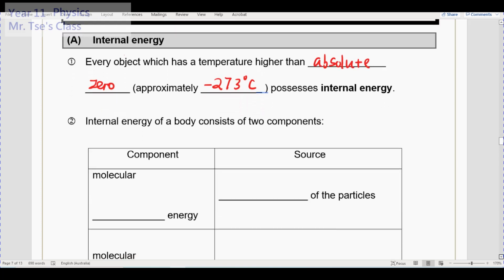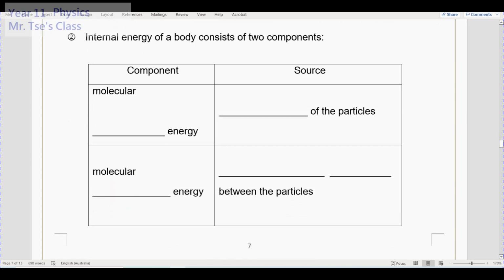And as I have said, the internal energy of a body consists of two major components. The first is molecular kinetic energy; the other is molecular potential energy. What is each related to? Molecular kinetic energy is related to the motion or movement of the particles.